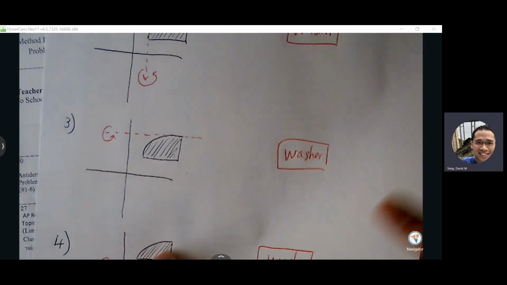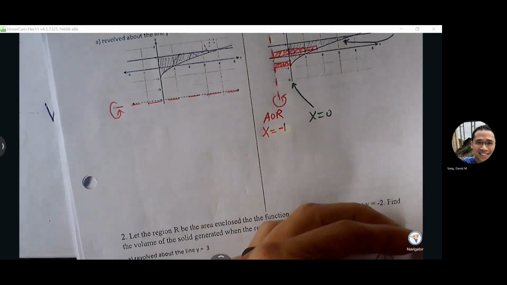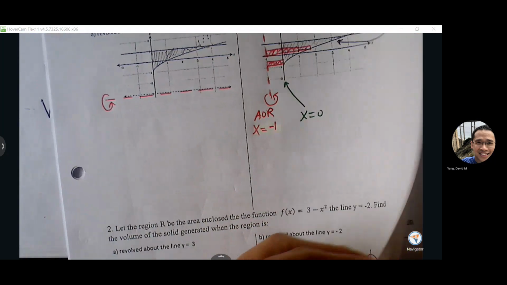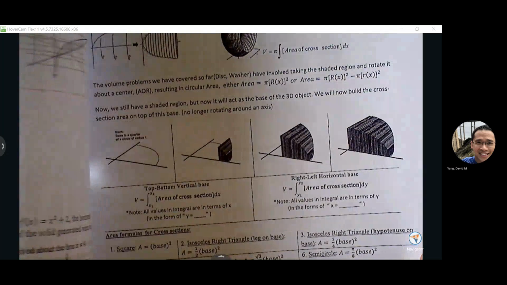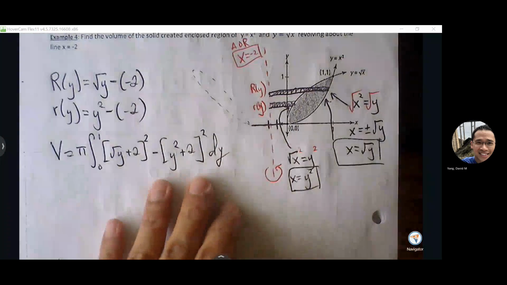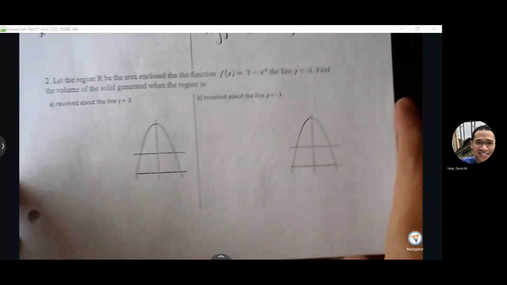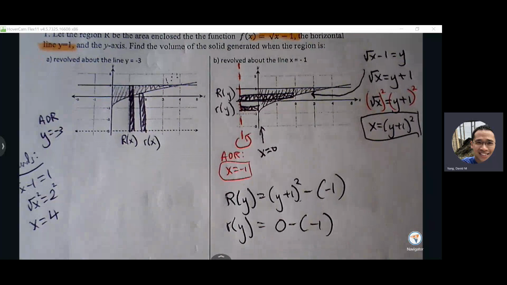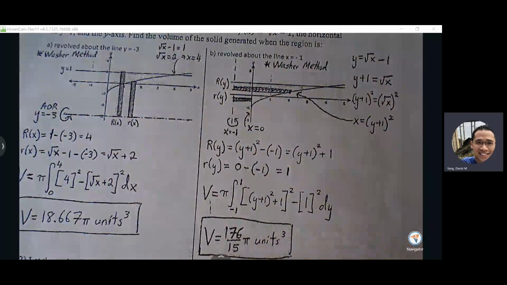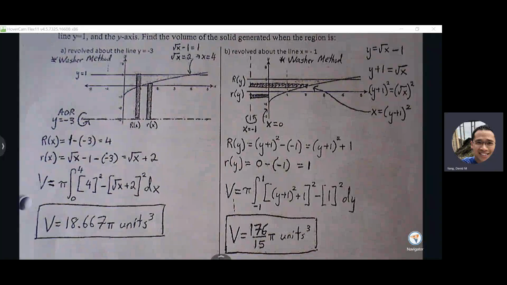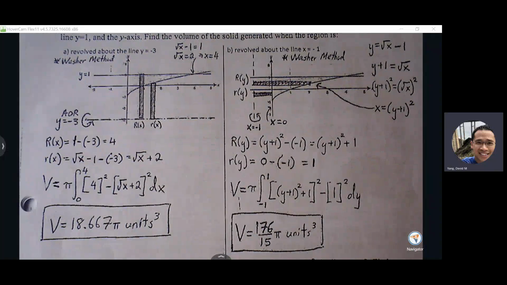All right, so let's go to page 15. I think we went through 1 and 2. On page 15, I want to highlight the steps again before we try the rest of the worksheet.